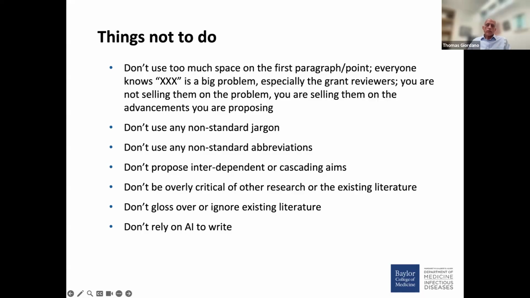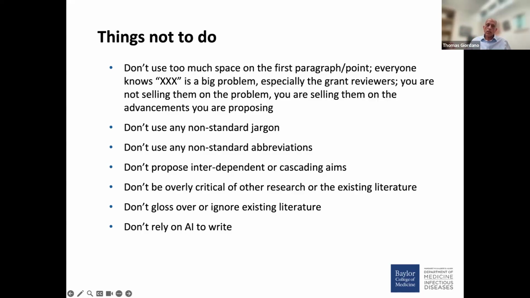Another thing not to do is use a lot of jargon, especially non-standard jargon. There's jargon in every field, and some of it is acceptable, but don't overload the reviewer who's not in your deep subfield with a bunch of jargon, because it makes it really hard to read. The same goes for non-standard abbreviations.